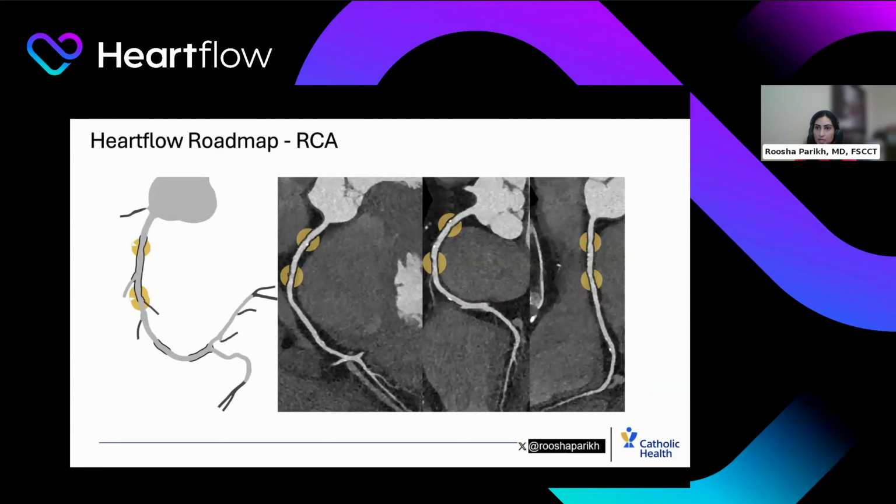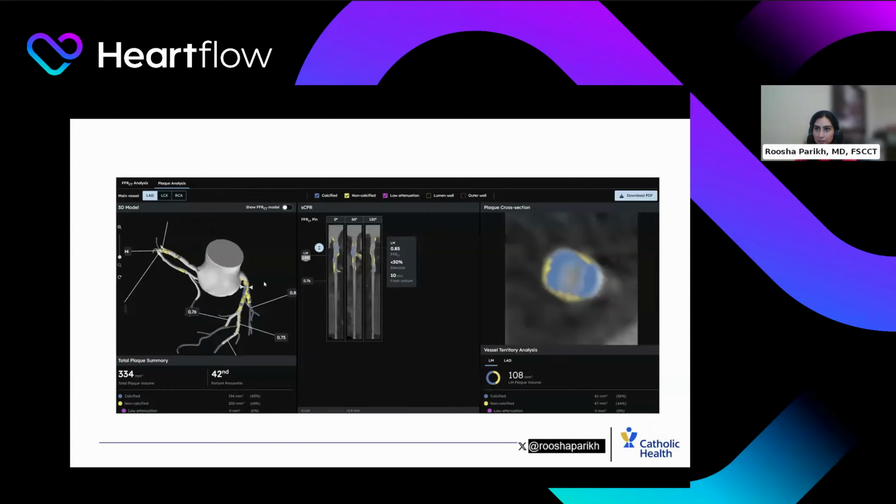And this is an image showing the HeartFlow roadmap for the right coronary artery. Again, we had seen a small amount of calcification based on the calcium score. Here these yellow capsules are showing 30 to 49% stenosis, or minimal stenosis, from these specks of calcification and some non-calcified plaque as well.